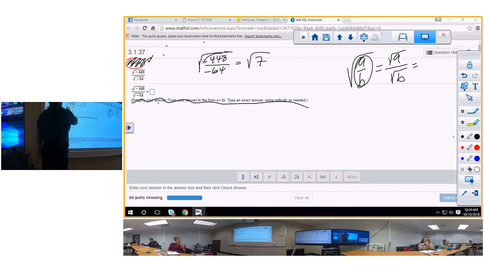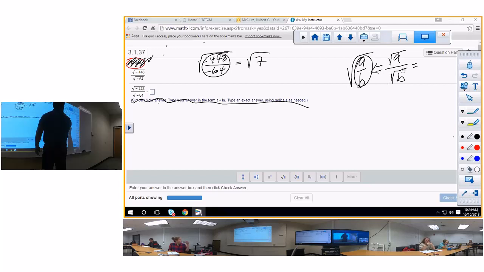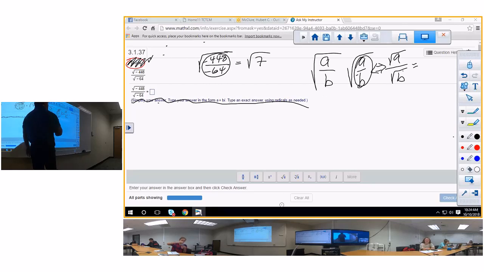Okay, negative 448, just do that in your calculator, because this is equal to this. If I have two radicals in the numerator and the denominator, then I can write it as one big radical, A divided by B. That's pre-algebra review right there, so y'all should remember that.